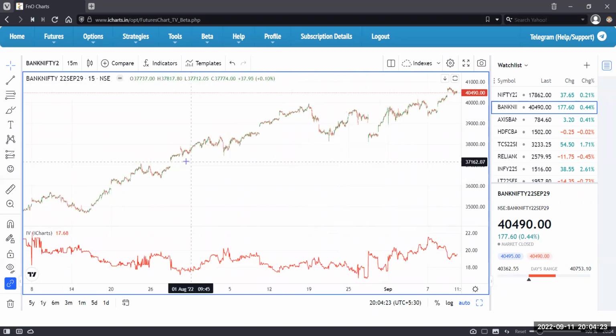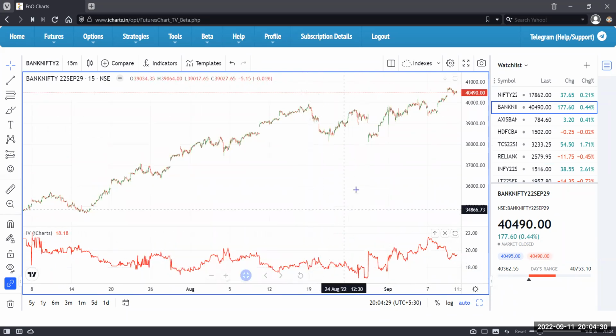But in general, if you look at historical charts, you will see that whenever the market starts to go down, volatility goes up, and when there is extremely high volatility, the market generally bottoms. So that is what you can track here.